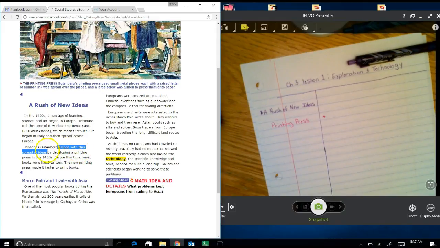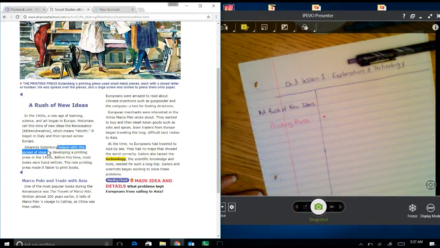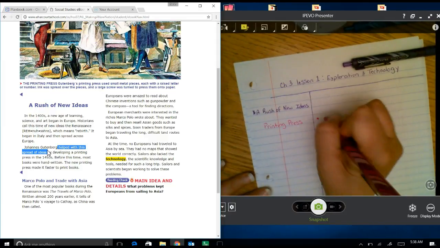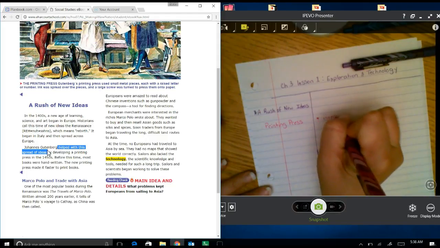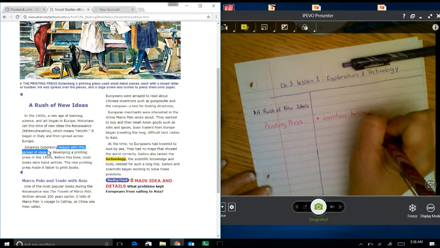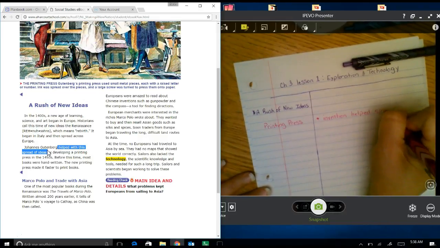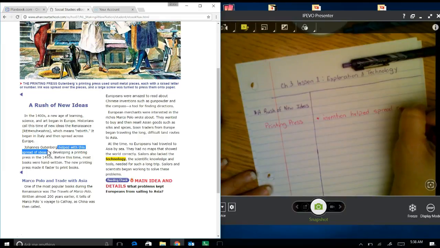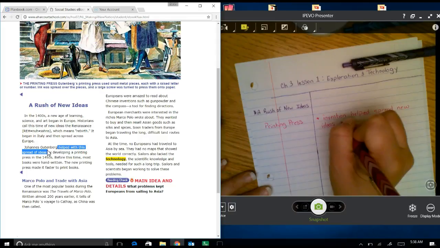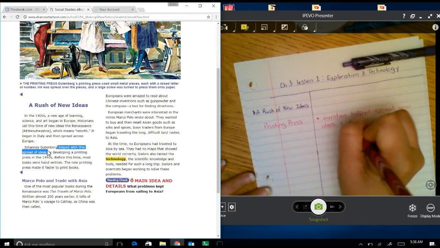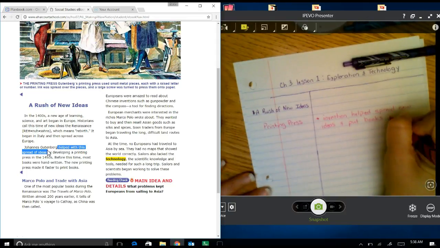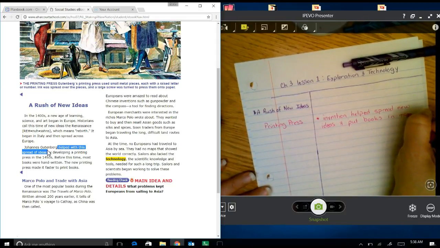it helped with the spread of new ideas. This allowed people to tell each other what they were doing and why they were doing things, okay? So, invention helped spread new ideas and put books in many new hands.